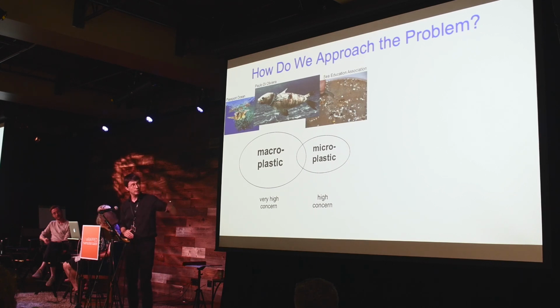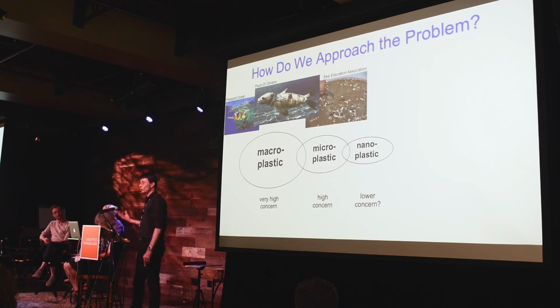We also have a concern here because there are so many, and they may also affect many organisms just by their sheer presence, the microplastic particles. If we keep going, we go to the nanoscale, and here I would say I'm not sure exactly how big the concern actually is, and we may have to first conduct a lot of research to find out what really needs to be done here.